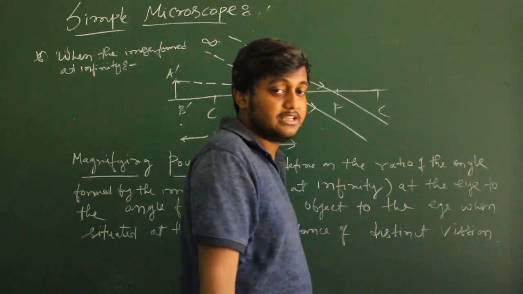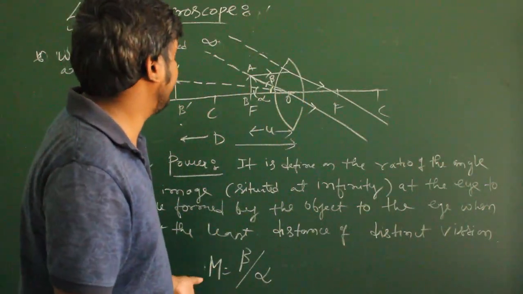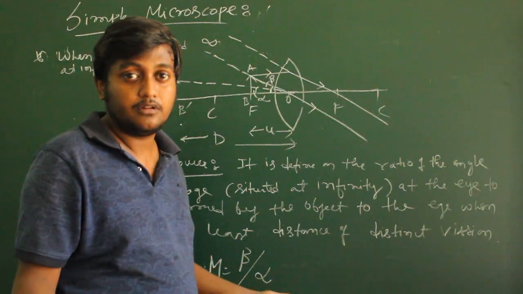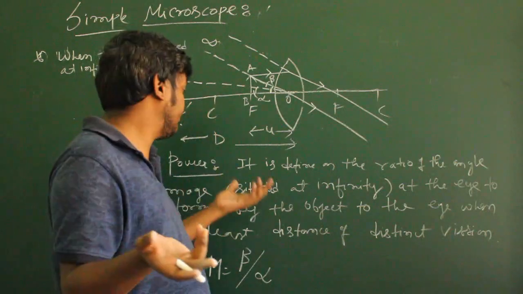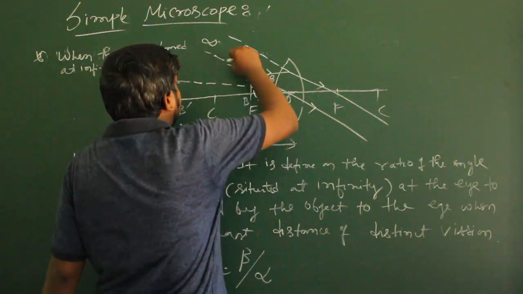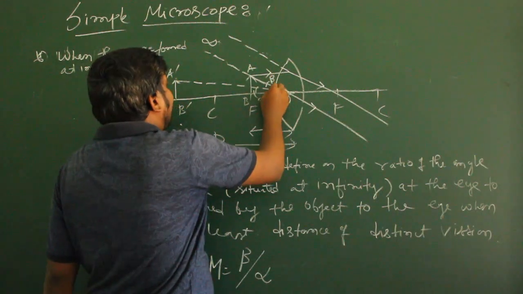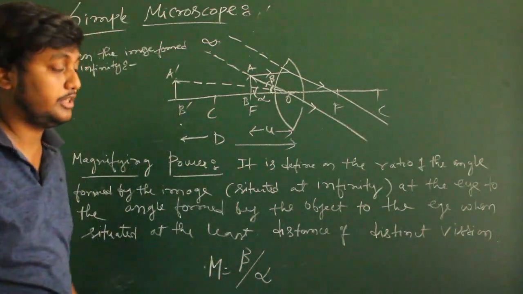So in this case, the magnifying power is defined by the angle subtended at the eye by the image, where the image is formed at infinity. So beta will be the angle subtended at the eye by the image we consider.